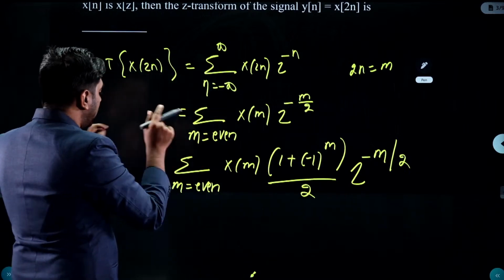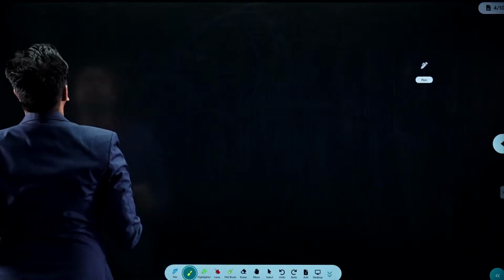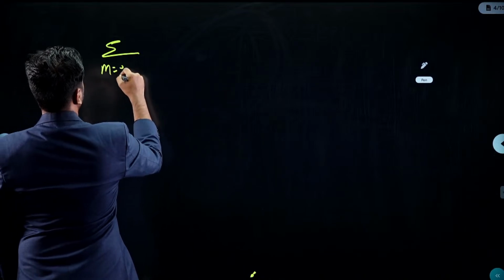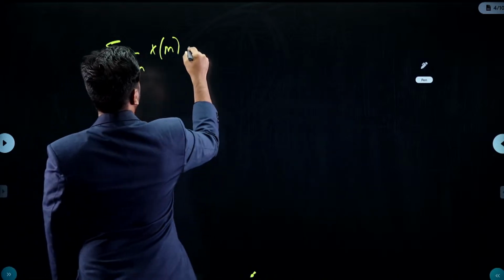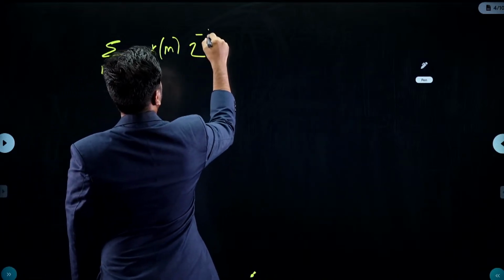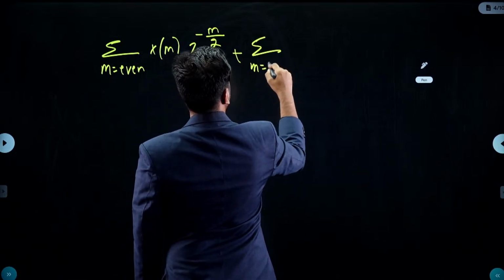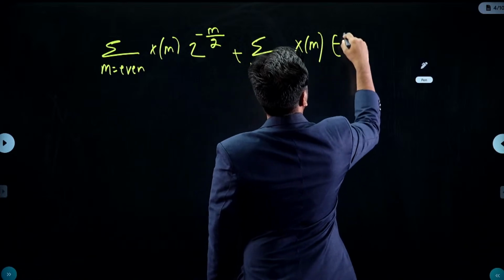But how do you modify this from here onwards? That's a very interesting thing. Have a look at this. What we have is summation, m is even, x of m and then z power minus m by 2, and then one more summation, m is even, x of m into minus 1 whole power m.